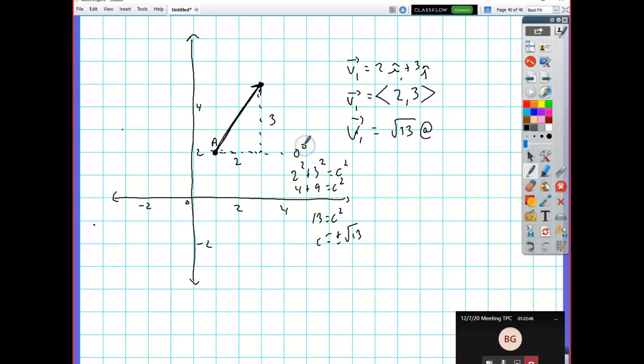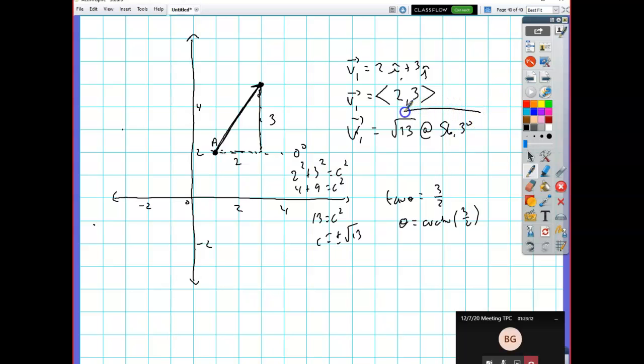Well, if this is 0 degrees, all I need to do is do a little arctanning here, right? So tangent of theta equals 3 over 2. Theta equals the arctan of 3 over 2. Somebody got my calculator. 3 divided by 2, arctan, and I get 56.3 degrees.